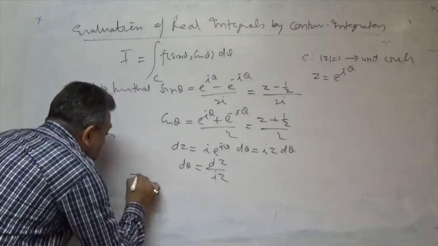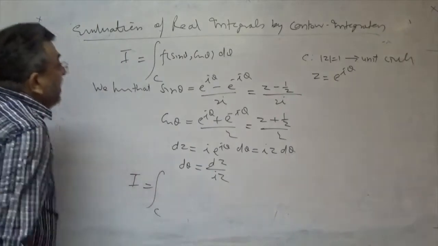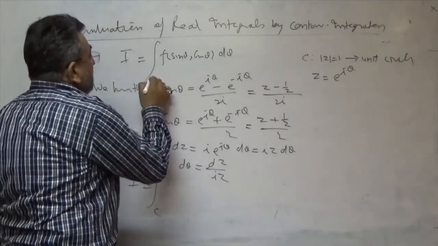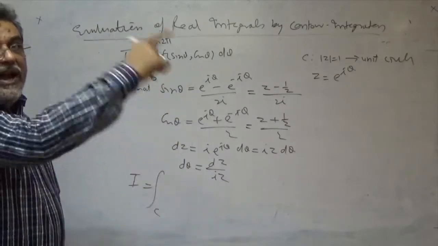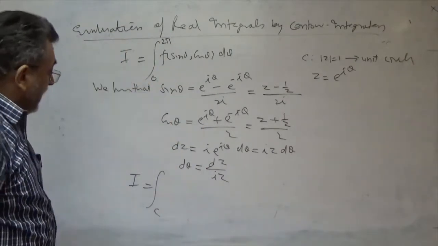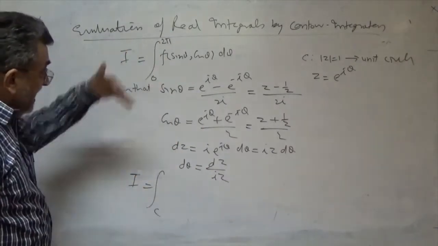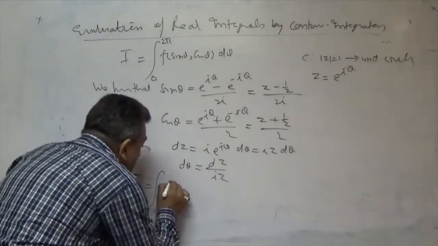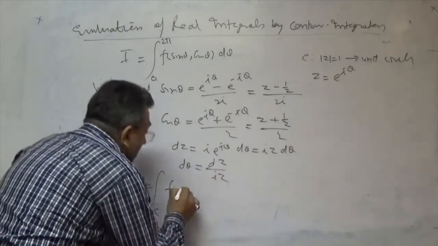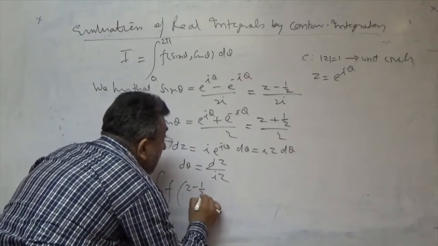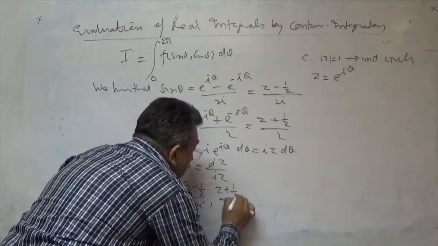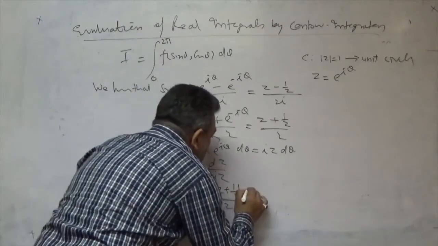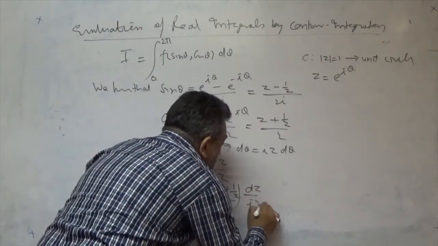That means this integral converted over, because this is the 0 to 2 pi integral, entire circle around the circumference from 0 to 2 pi. Now this will be changed into complex form, integral c f of z minus 1 by z upon 2i, that is z plus 1 by z upon 2, and d theta is equal to dz upon iz.